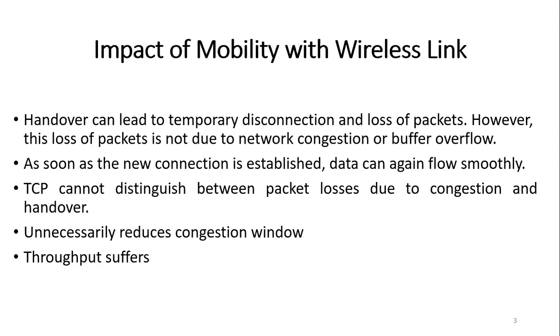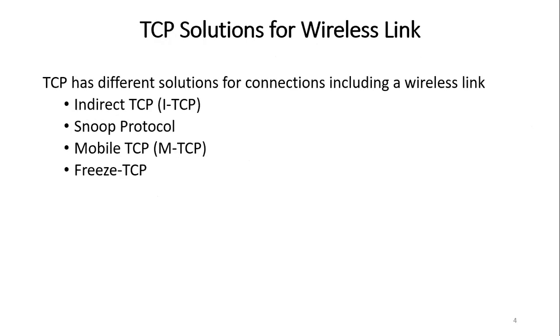So this is why normal TCP is not efficient when you have a wireless link. Rather, some variants have been proposed and they are in use. I have listed here the major variants, and the third one, mobile TCP, is probably the most popular one.